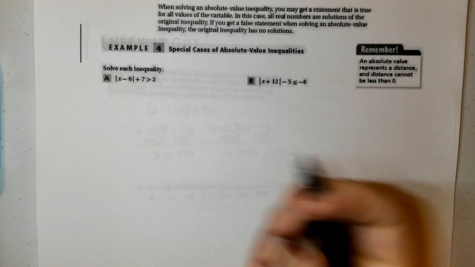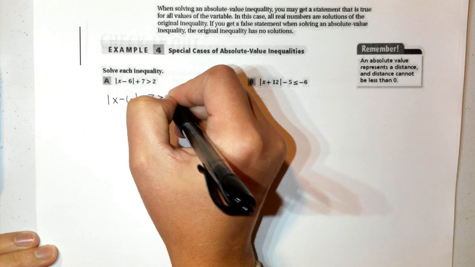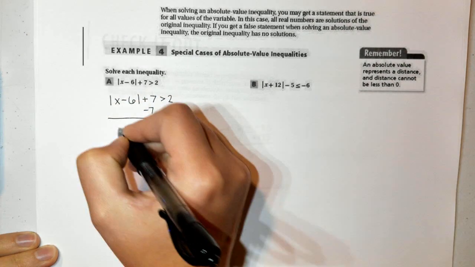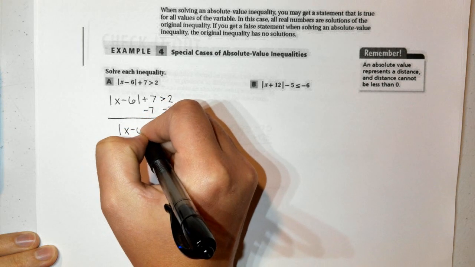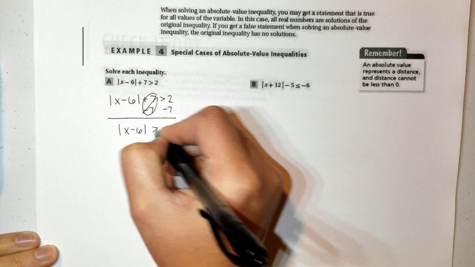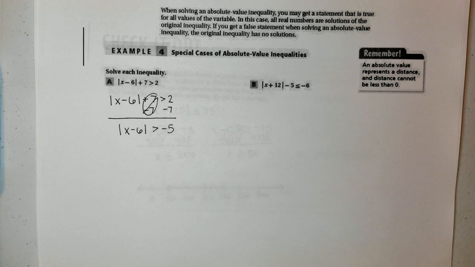So for A, I'm going to start. I have the absolute value of x minus 6 plus 7 is greater than 2. So I'm going to subtract 7 from both sides. The absolute value of x minus 6, 7 minus 7 gives you 0, is greater than negative 5. So here, all absolute values are positive.